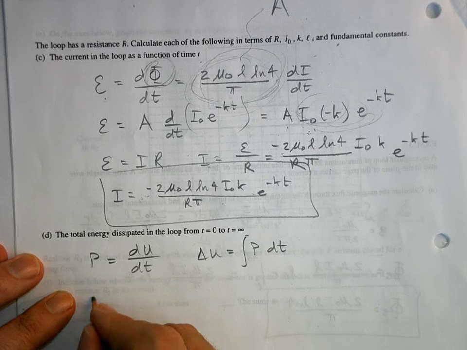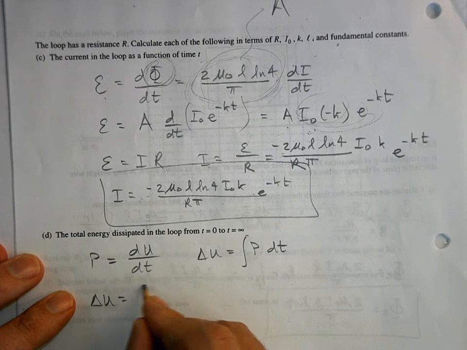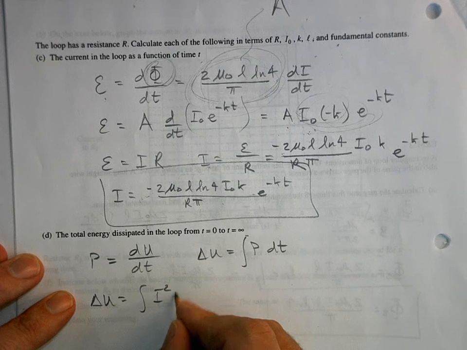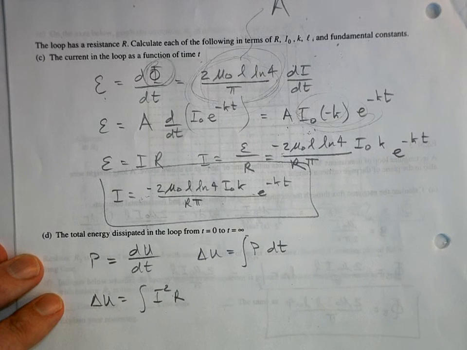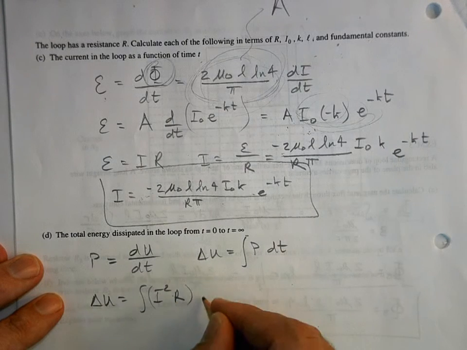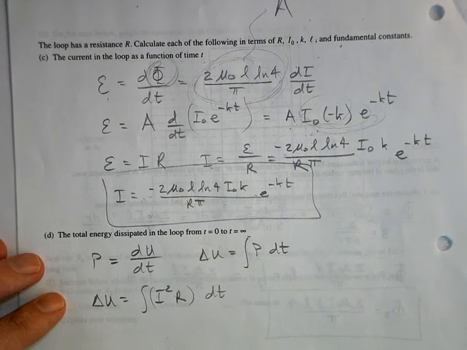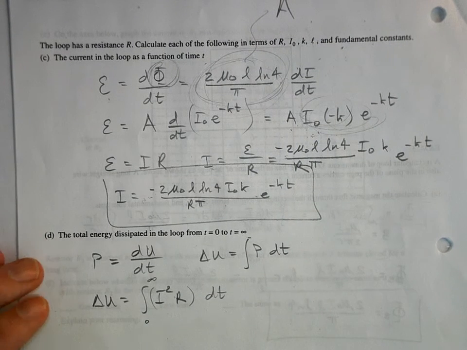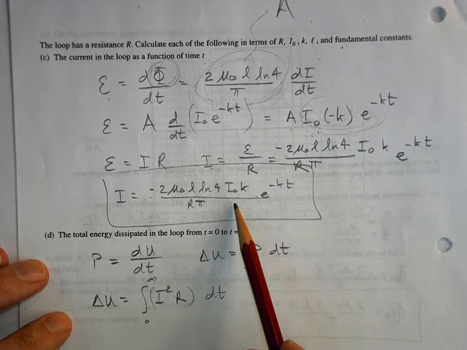Well, delta U is equal to the power. Well, that's I squared R. That's my power, taking the integral over time. You're going to go from 0 to infinity. Well, you're going to take all this and square it.